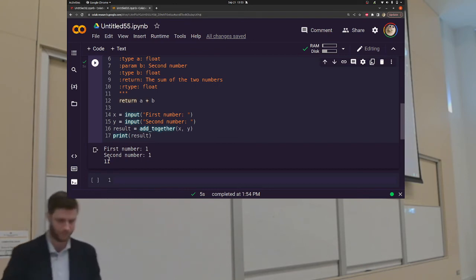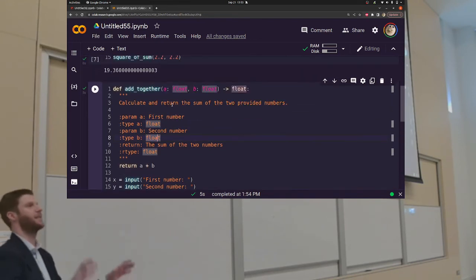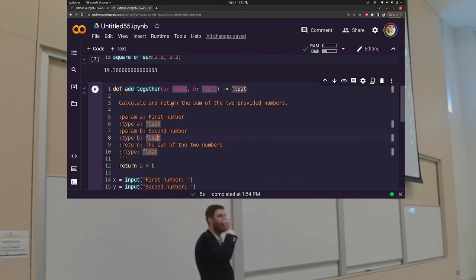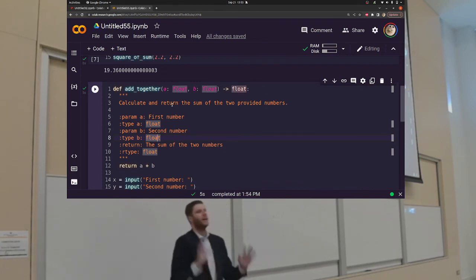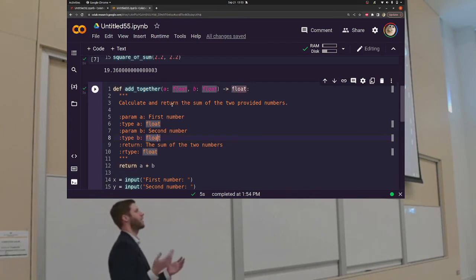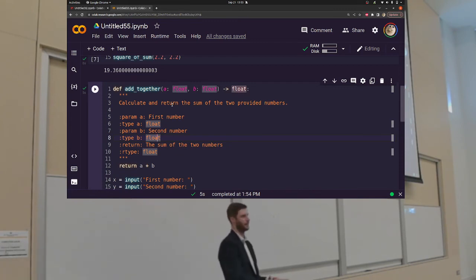But yeah, we add type hints as a way to specify the type. It helps us think about the type of our data when we're writing the code. Right, it's going to be a float, so because of that, we use it as a form of documentation. It's not anything that's going to cause any restriction within Python. It's kind of like the constants, right?